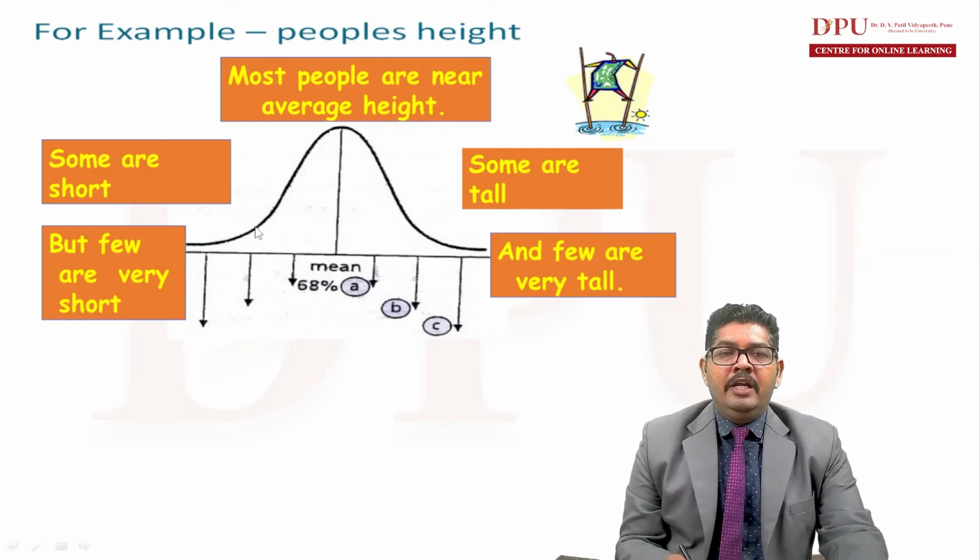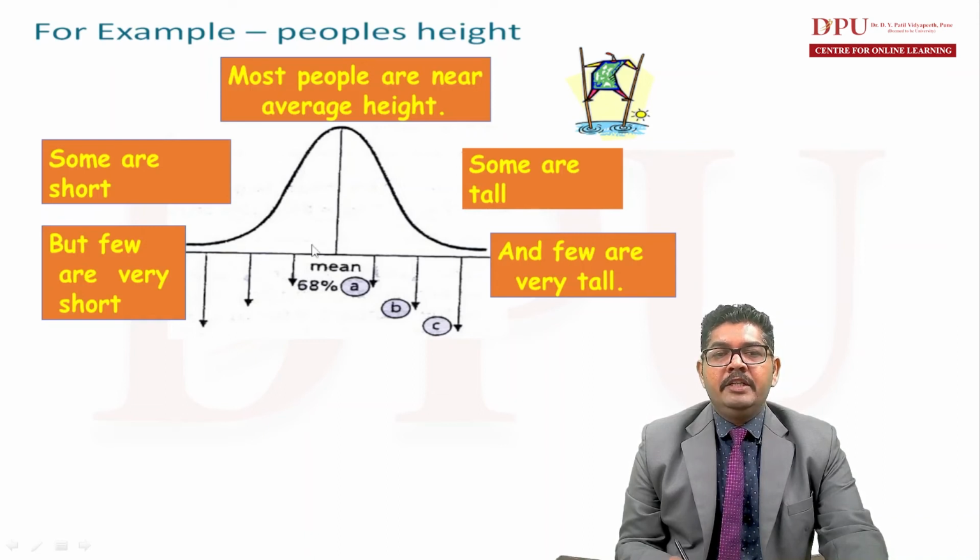So that's why the tails are shorter and approach the x-axis, and the central part is very high. So this is the bell-shaped diagram, the normal distribution diagram. There are very few at the end, at the tail of this particular diagram.